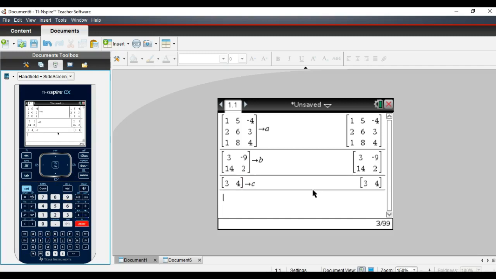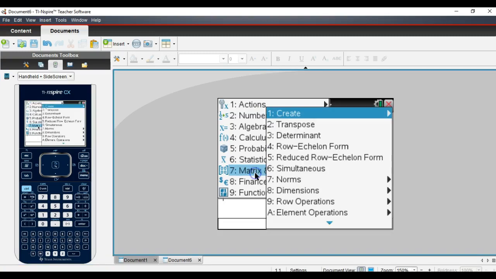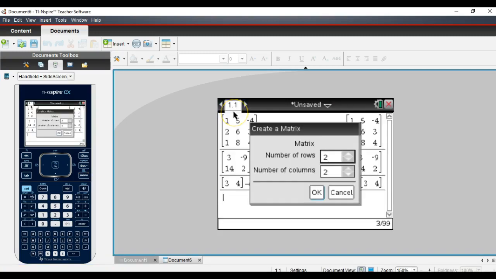So A, B, C. The last matrix is D. D is a matrix with 2 rows, 3 columns, 2 by 3. So menu, matrix, create. This is a 2 row, 3 column matrix.